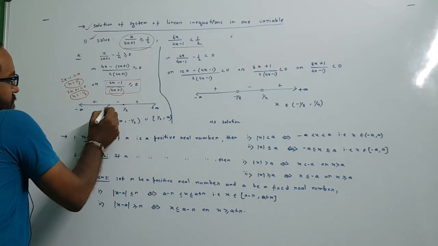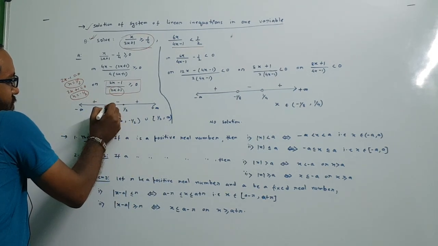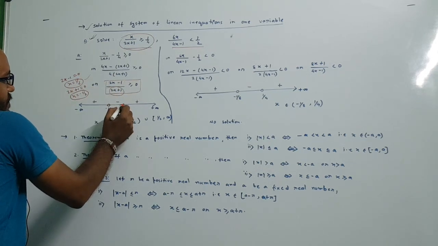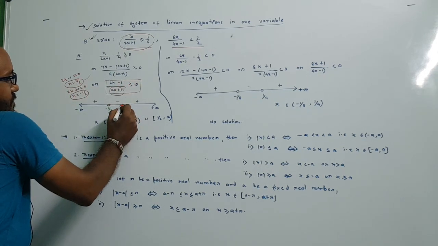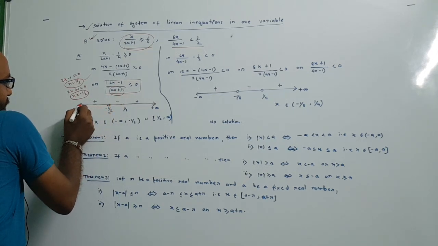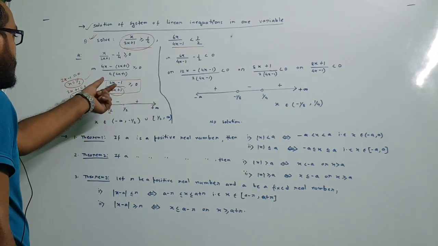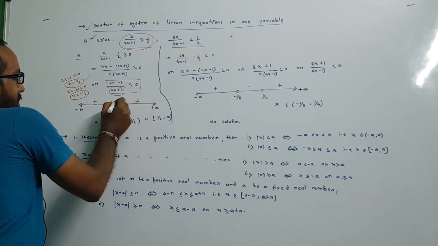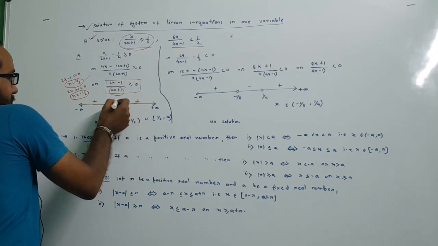So it will not touch. So it will be open circle at minus half, and it is plus half. And it is greater than equals to 0. So plus half to infinity, and another solution is minus half to infinity. Now see, I have already told you that take the rightmost side as positive plus sign, then take alternate sign. So plus minus plus.